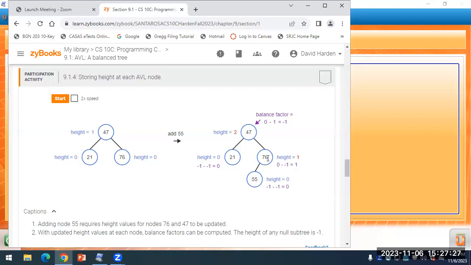So if the 76 has a subtree over here to the right with a height of 17, inserting the 55 right here isn't going to change the height of the 76 node. It's still going to be 17, 18. So it is the case that we must start with the parent of the node that we just inserted.